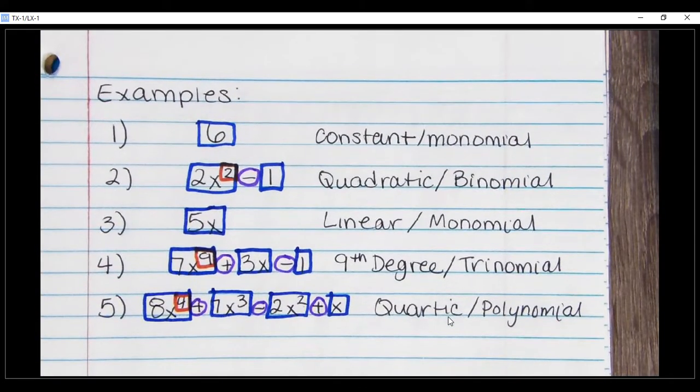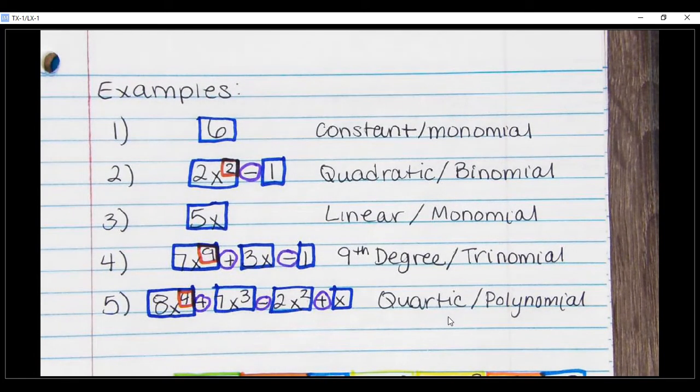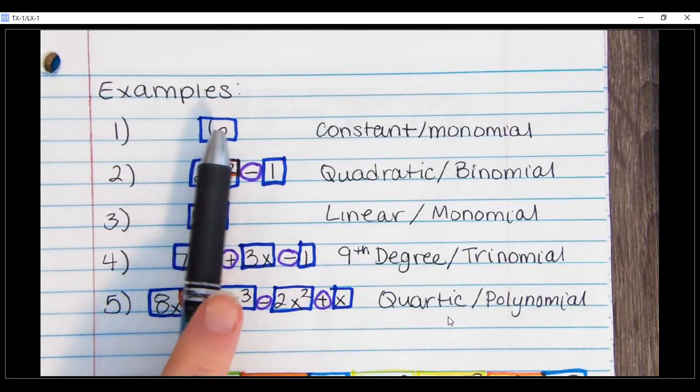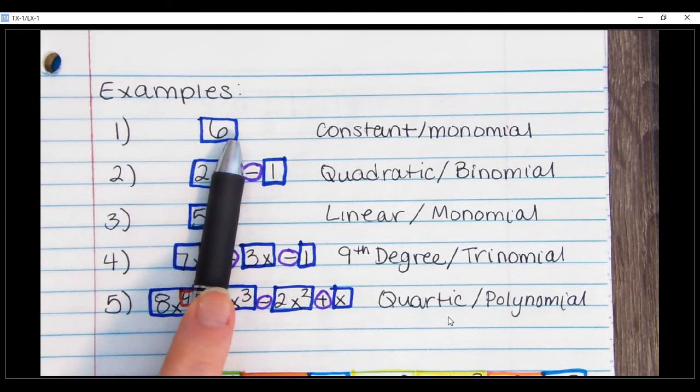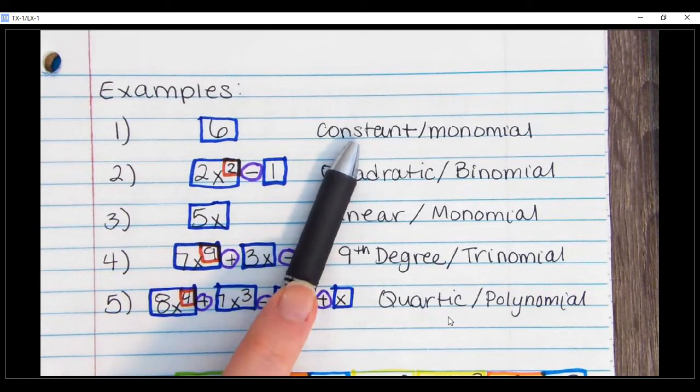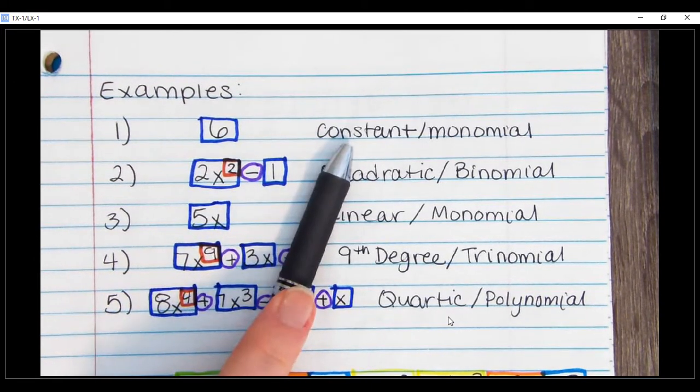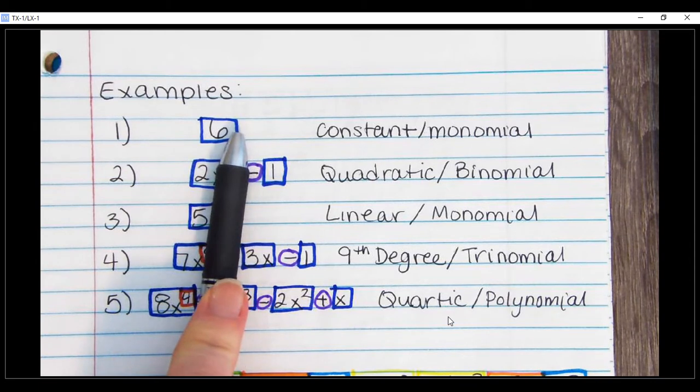Okay, so I have 5 examples up here. When they ask you to identify what a polynomial is, again, you need 2 parts. So right now, for number 1, I have the number 6. There's no x by it, so we know we don't have a power. If we look back at our chart, we said that that's going to be a constant. So constant because there's no power to it.